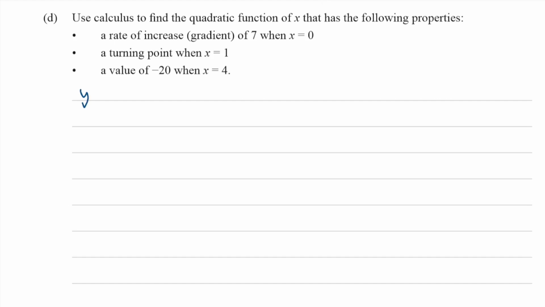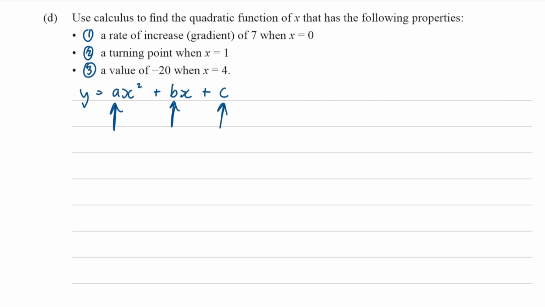So a reminder, the general form of a quadratic is y equals ax squared plus bx plus c. So we have these three parameters, right? A, B, C. And how convenient is it that we have 3 bits of information? Right, see where this is going?